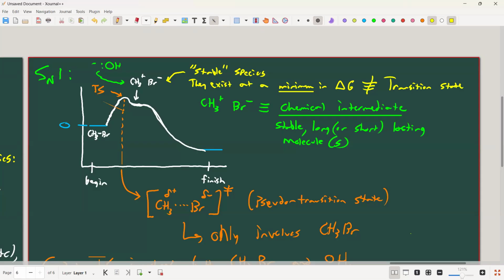Whereas if this were a t-butyl group instead, where instead of hydrogens it's methyl groups, it's much more stable. The t-butyl cation is much more stable. So this transition state is lower, and compared to SN2's transition state, it is net lower. And so t-butyl bromide goes through SN1 because its TS for ionization is lower than it is for the 2 molecules step in SN2.